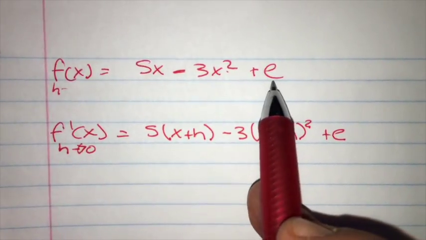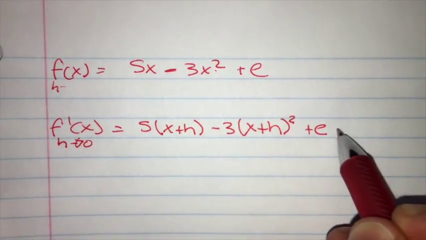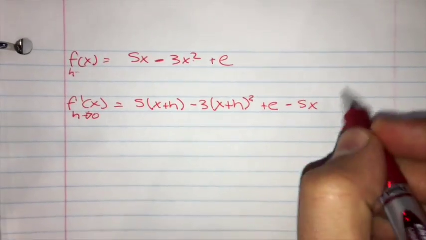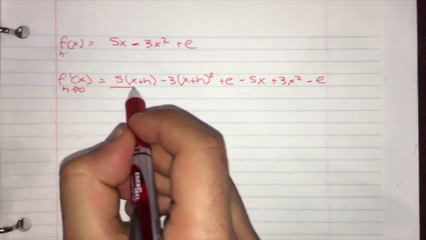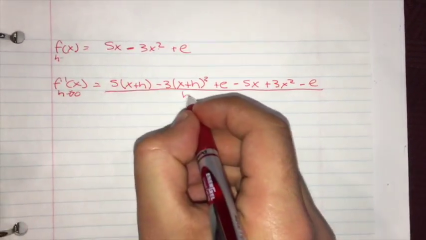Now we change this formula, you change the sign, so it will be minus 5x plus 3x squared minus e, over h.